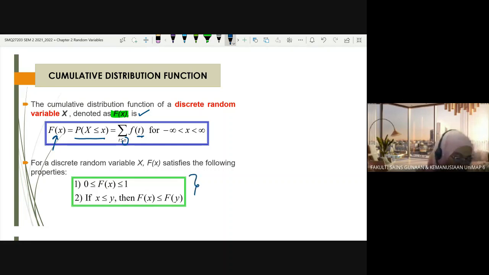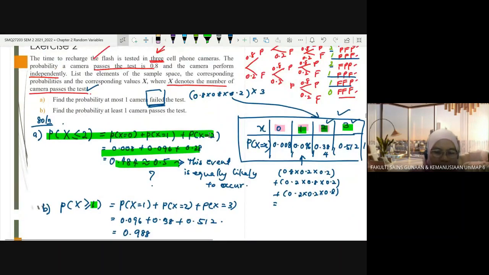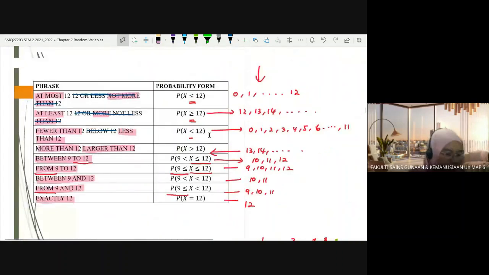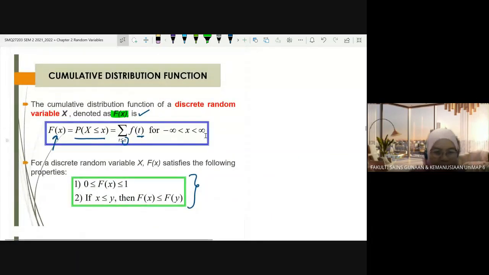Now, this one is actually the summary of what we have done just now about this one and this one. Okay, and this is actually how to simplify if you have these phrases in your question that you need to answer. So this actually can simplify your process.